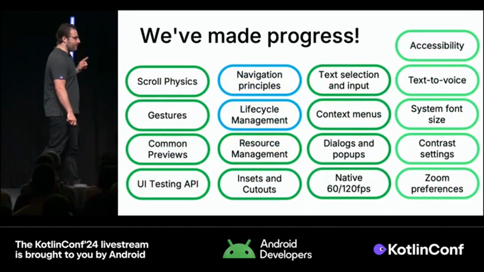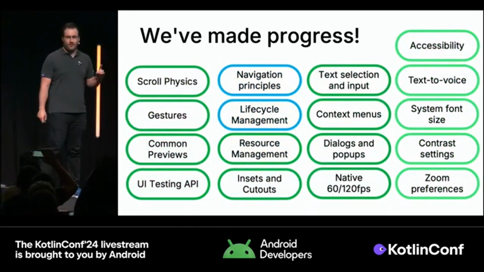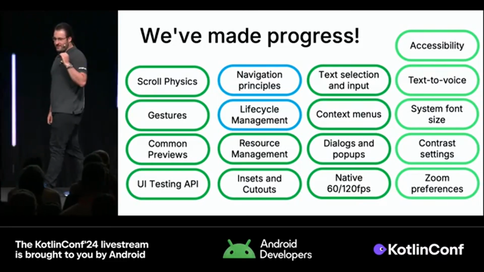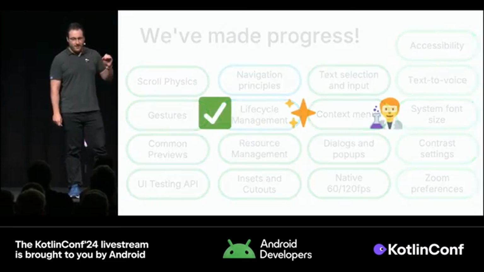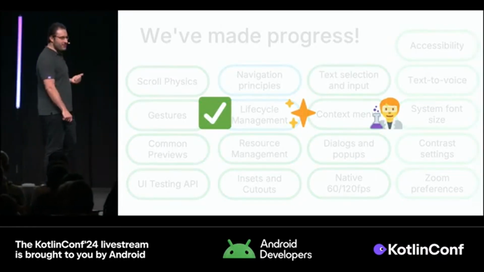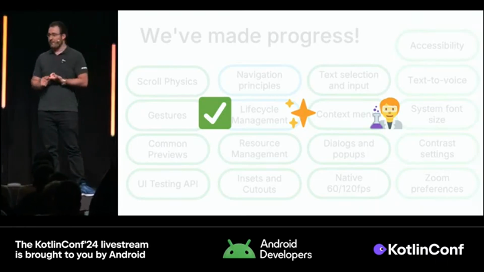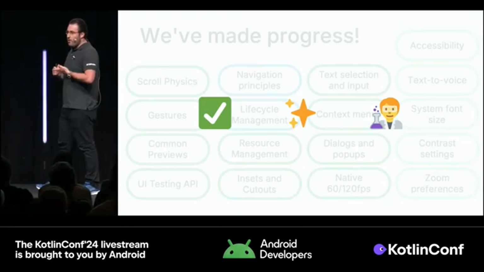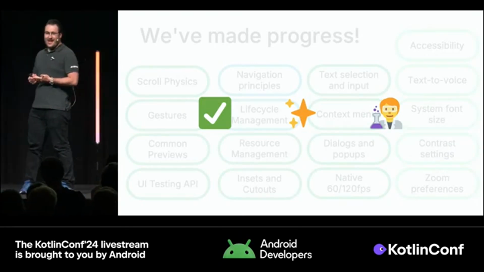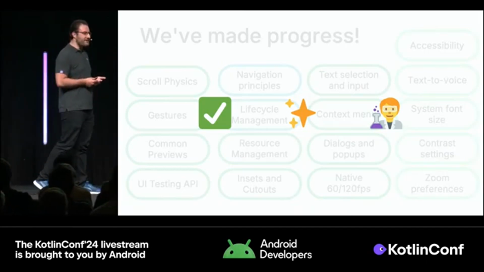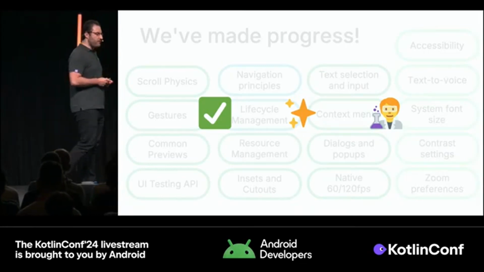Since the last time we spoke about it, we have made progress in literally every single one of these areas. We have either fully implemented the functionality that we set out to do, or we have provided something that has made significant progress and that you can already use, or we have at least an experimental version that you can try out and that we will continue stabilizing over the coming future.